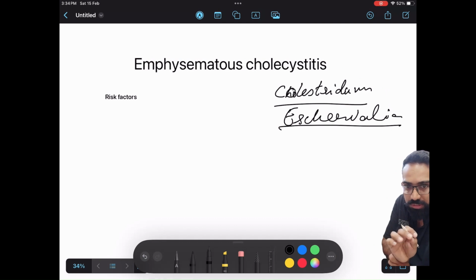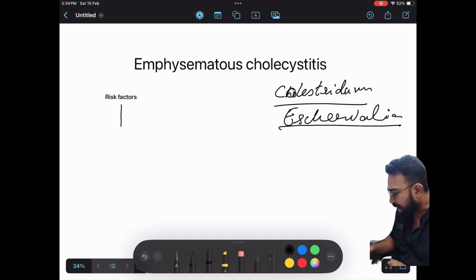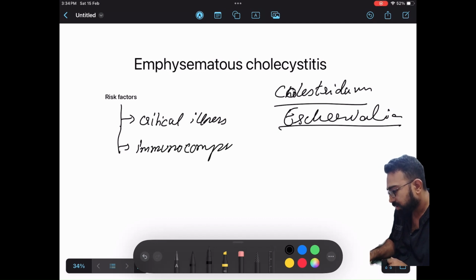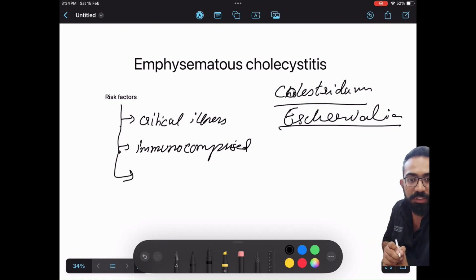It affects only certain individuals who have either critical illness, who are immunocompromised, or whose ability to fight infection is very low.